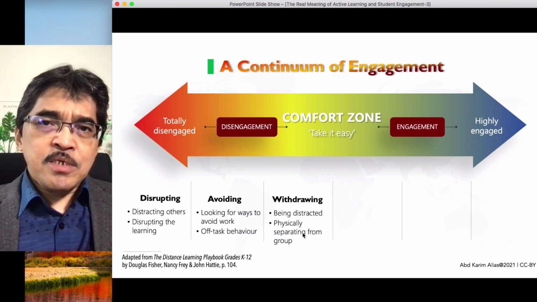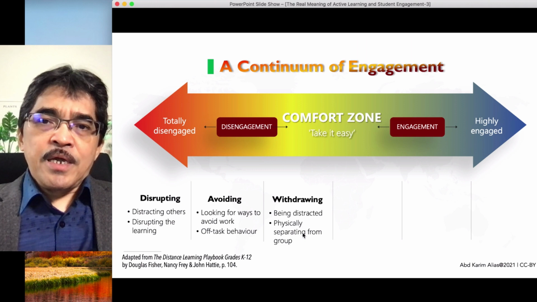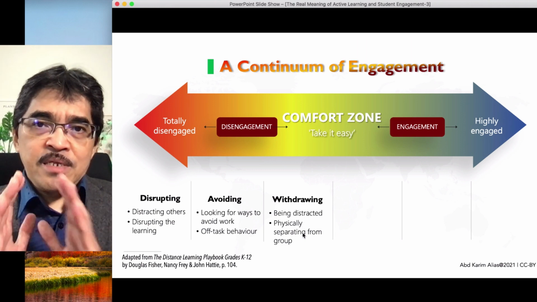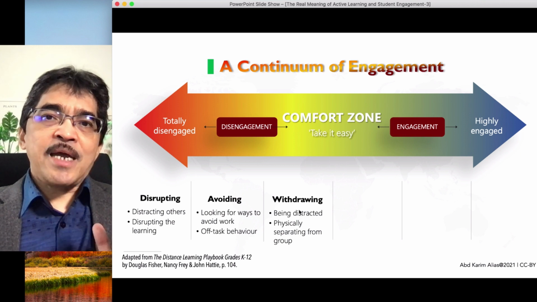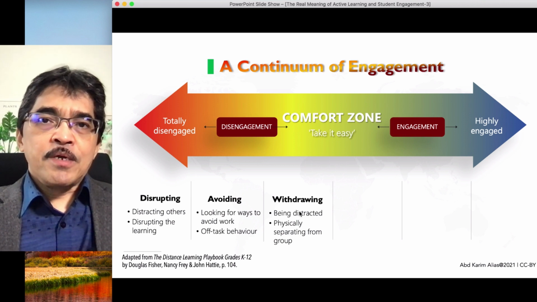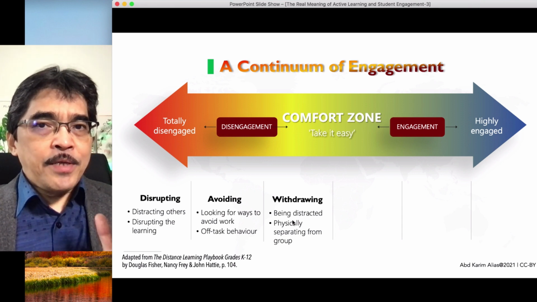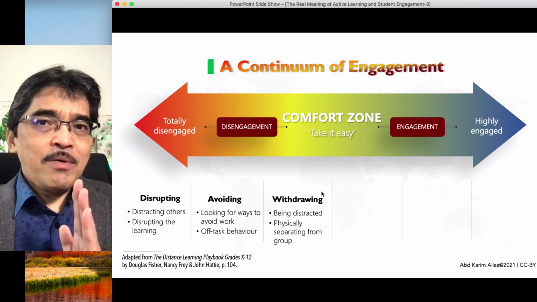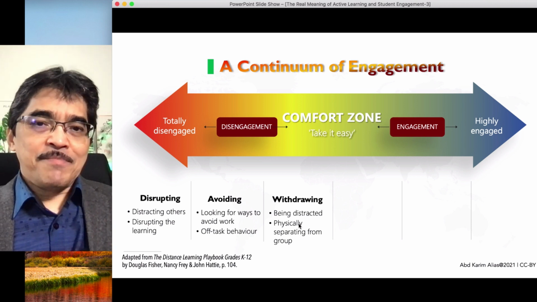They are distracted, maybe looking at their phone and doing things other than the task given. So they start to withdraw. That is the early sign or indicator of students being disengaged. I think this is an early stage where we can quickly get them to engage again.